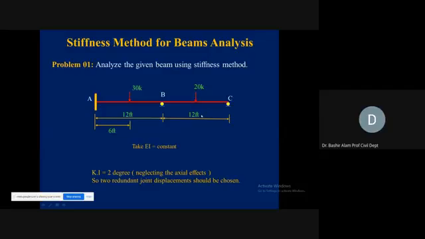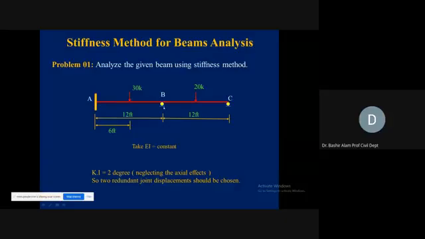Now, if we ignore the axial effects, we have 2 members, so we need to deduct these 2 members. So it is now coming up with a 2 degrees indeterminate problem. And what are those 2 degrees?